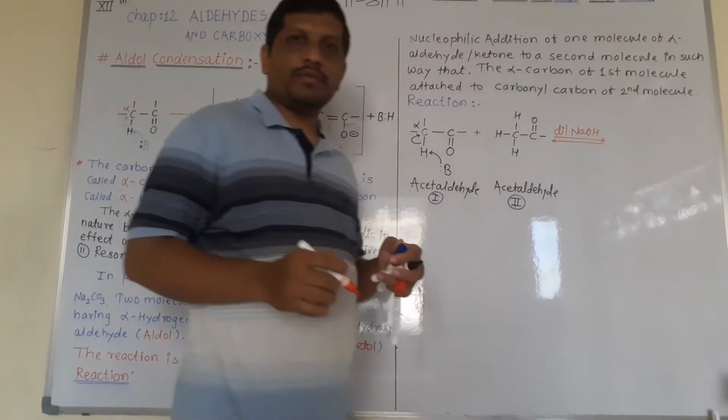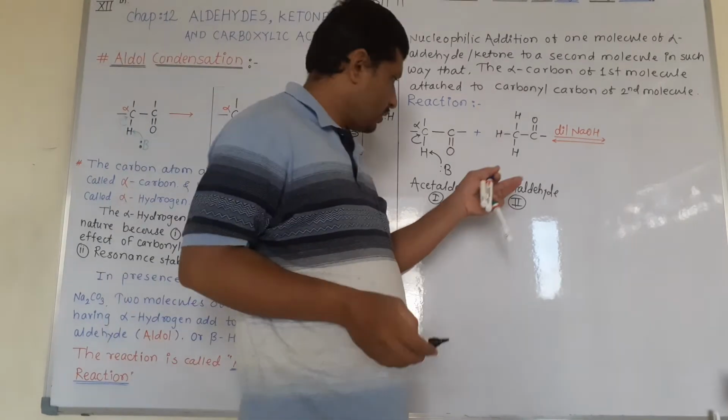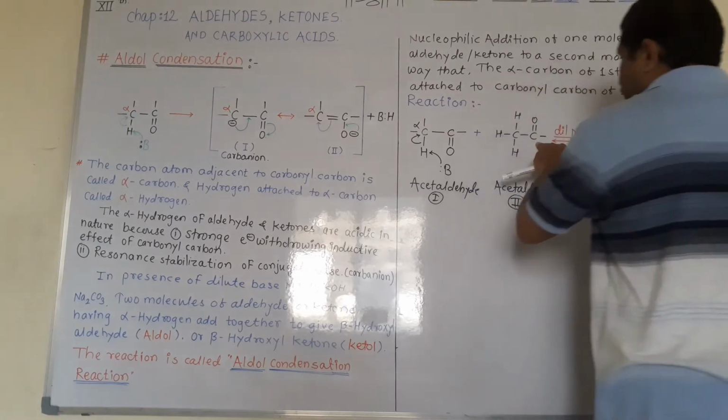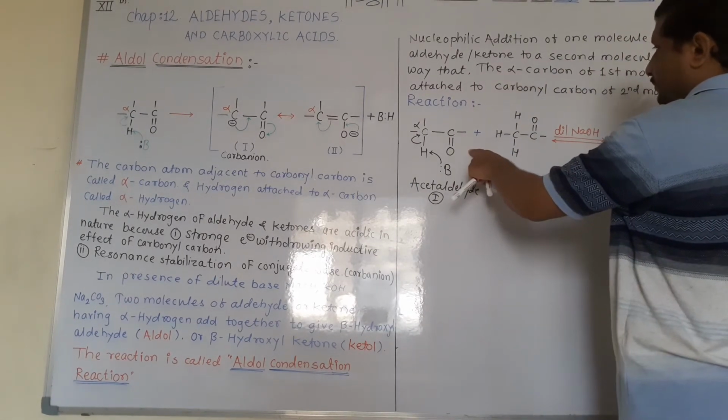The reaction is reversible. We show the direct product, and below we show the mechanism. Here the alpha carbon attaches directly to the carbonyl carbon and a hydroxyl group is formed.